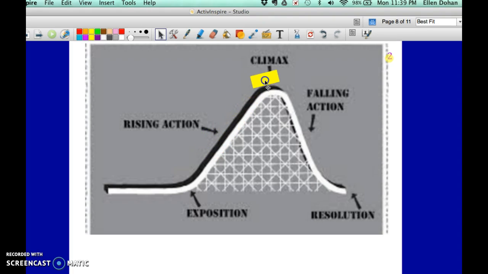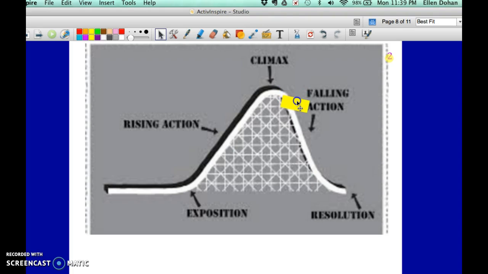When we get to the very top of the roller coaster, we feel the greatest suspense. We're about to drop. Our hearts are racing. So in a story, when we reach the highest peak, we're also feeling a lot of stress or tension between the characters and whatever he or she is experiencing.